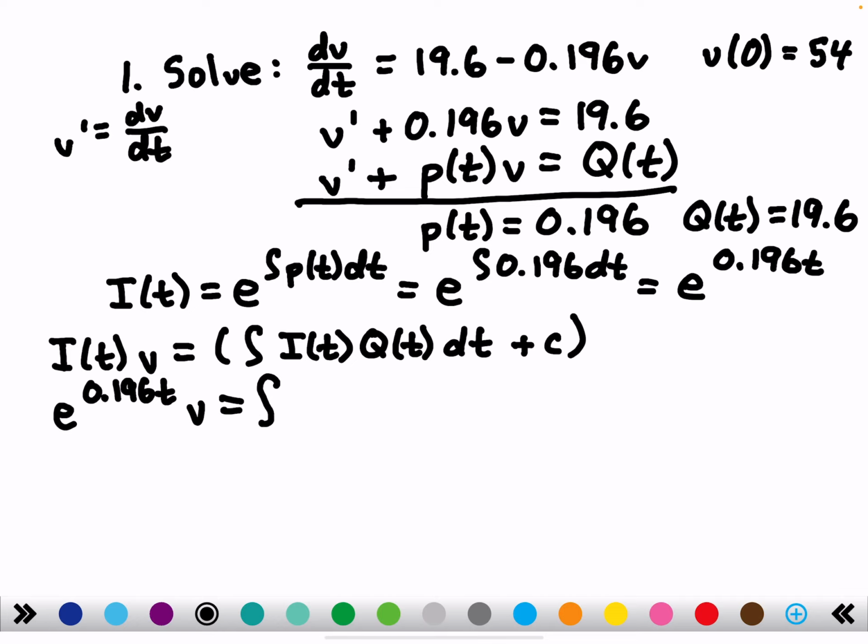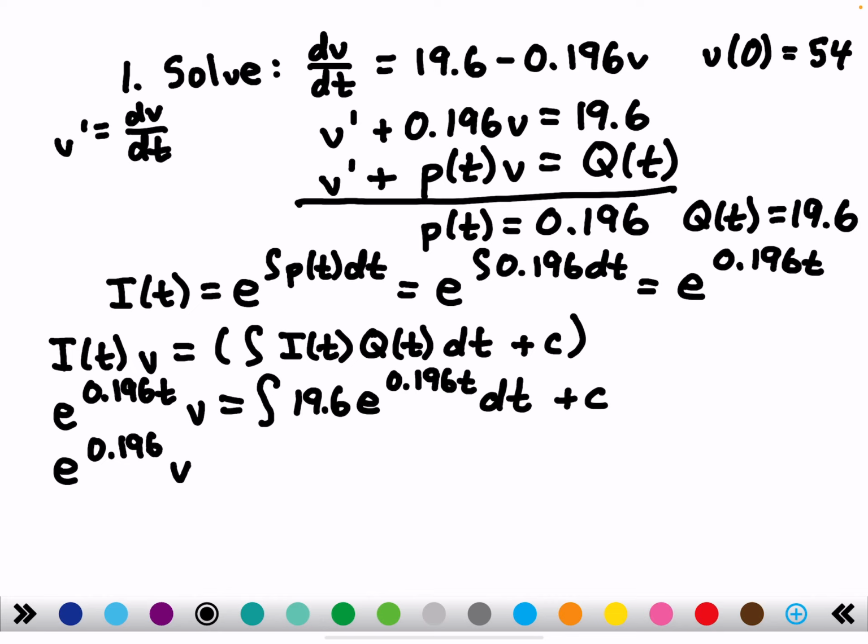I'm going to write q sub t first since that's a constant. So it'll be the integral of 19.6 times e to the 0.196 t dt plus c. So this gives e to the 0.196 t times v equals 19.6 divided by 0.196 e to the 0.196 t plus c.